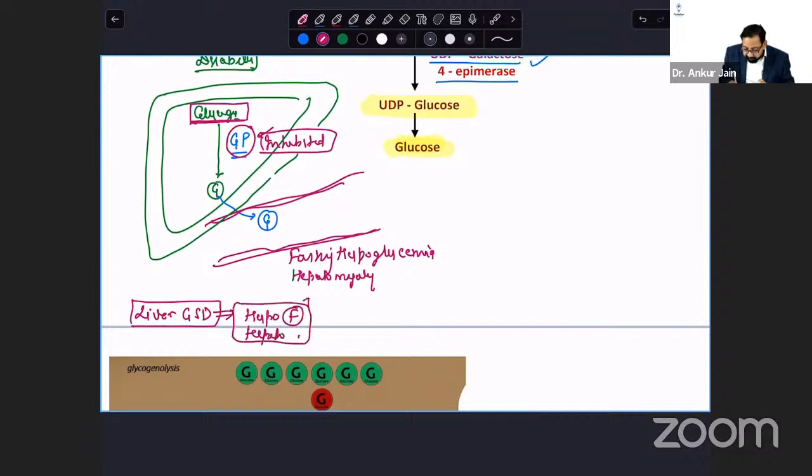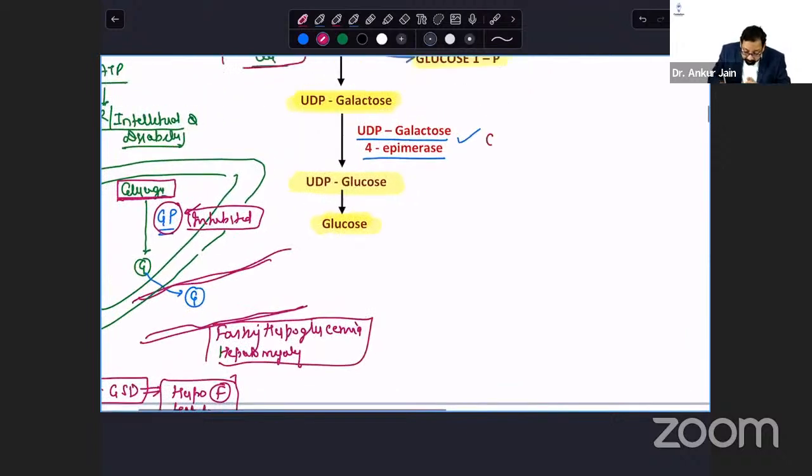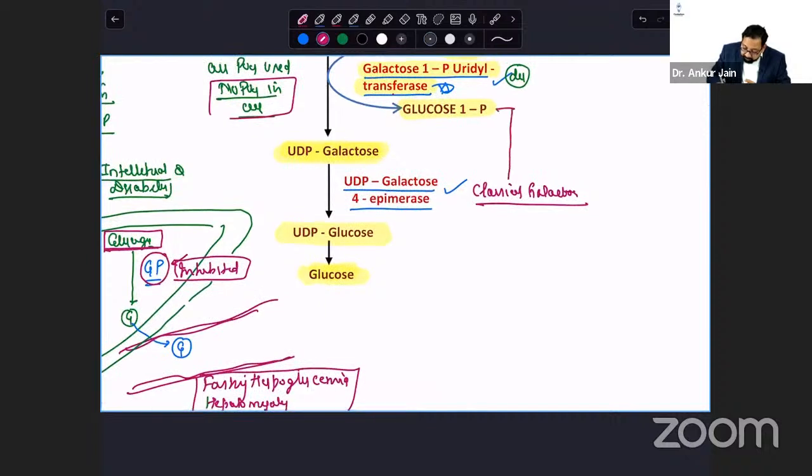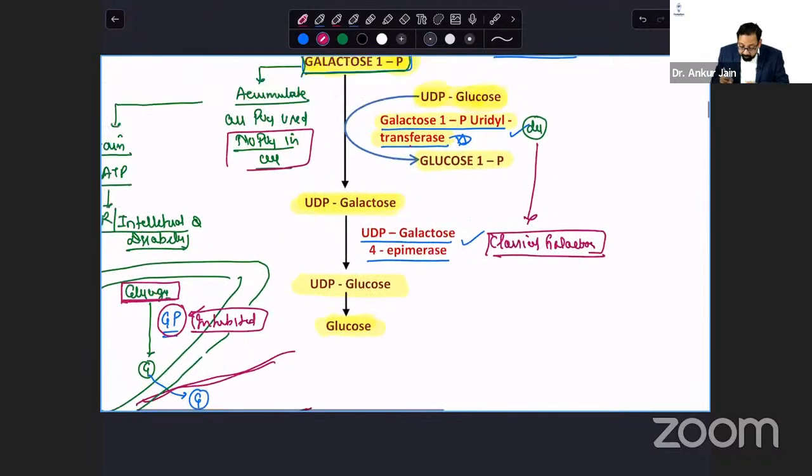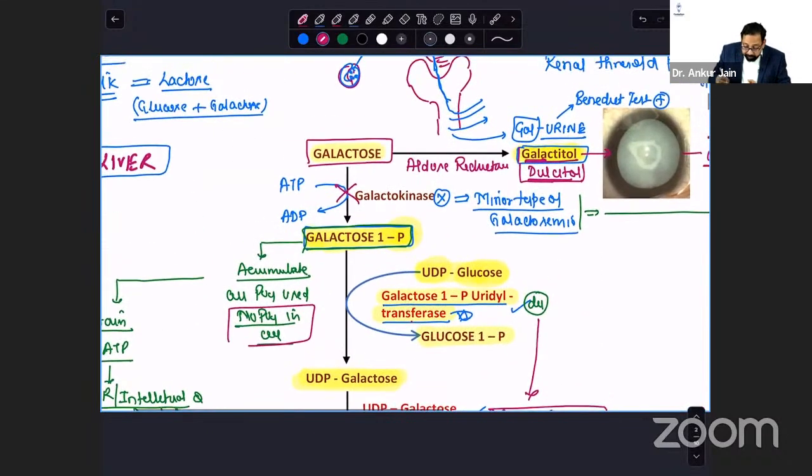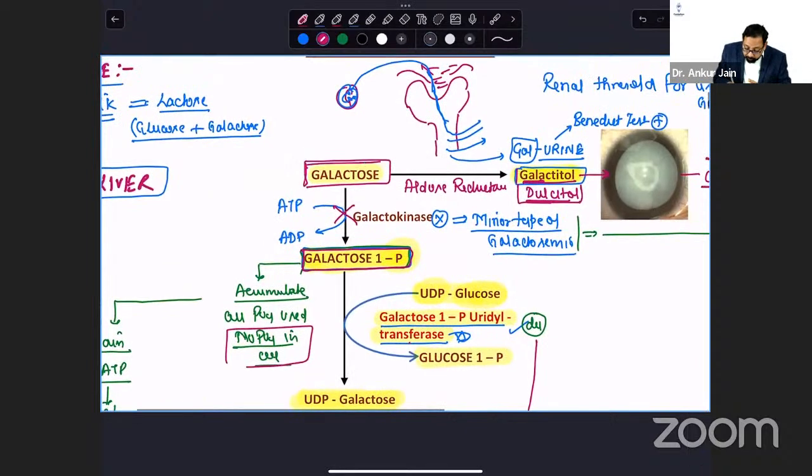So how will you differentiate if a clinical question or scenario is asked? In classical galactosemia, this enzyme is deficient. There would be Benedict test positive because galactose will accumulate.